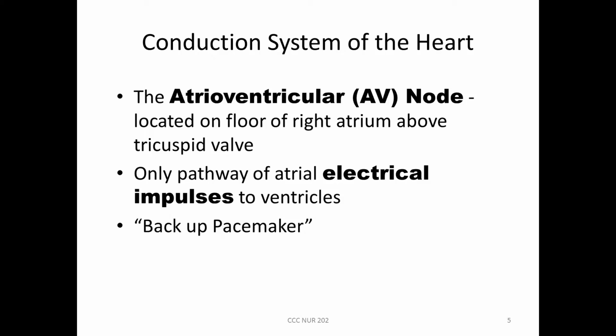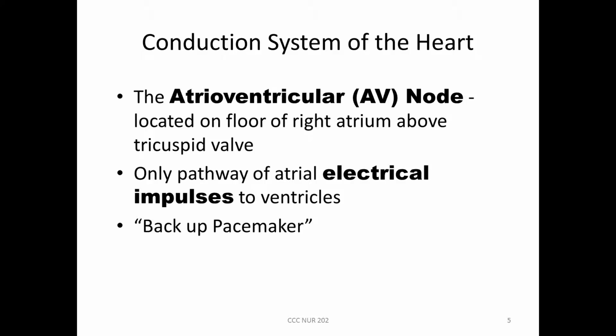Now, the AV node is located on the floor of the right atrium above the tricuspid valve. It's the only pathway of electrical impulses to the ventricles.